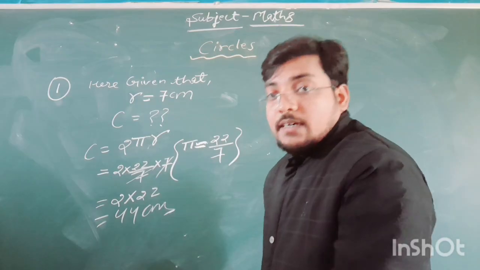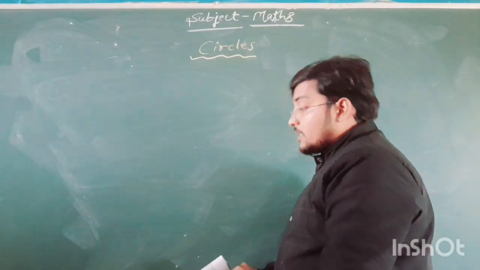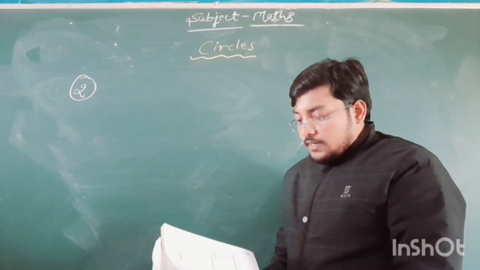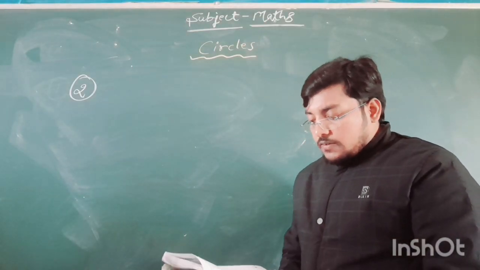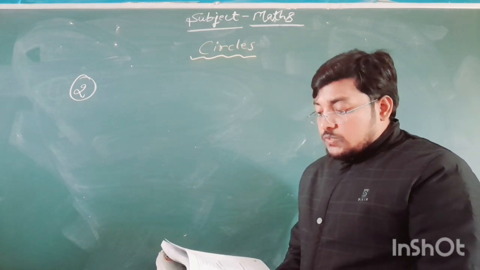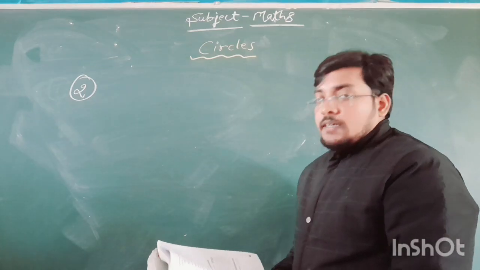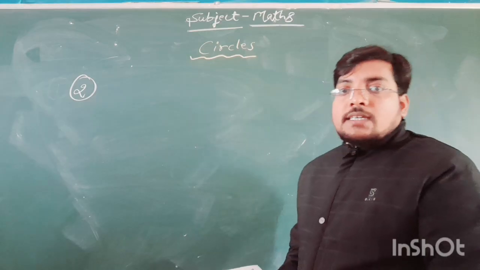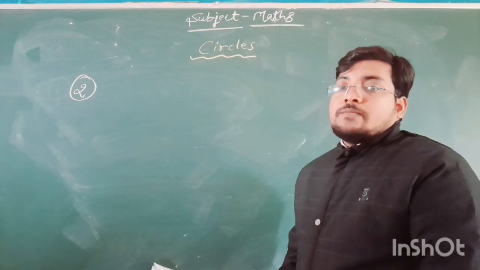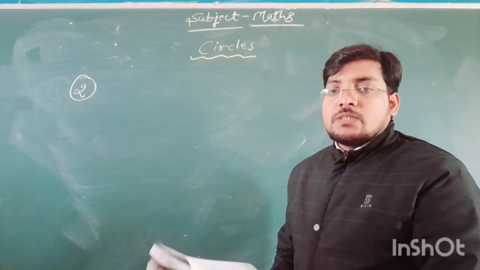Now we have another problem based on the circle. Question number 2: we have to find the radius and diameter of a circular puddle whose circumference is 220 centimeter. We have to calculate both radius and diameter.